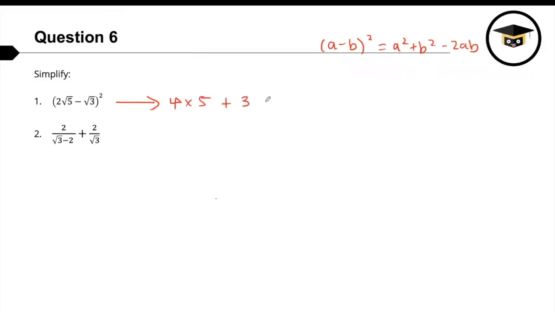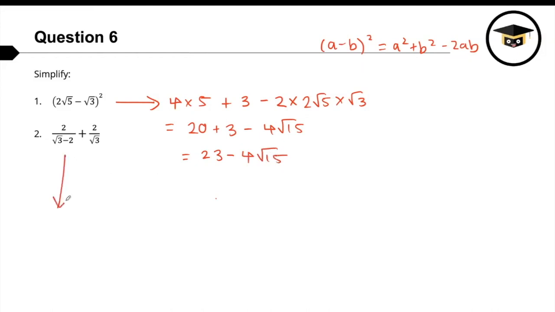So that's going to be 3. And then we're going to minus 2 times ab. So a is 2 root 5 and b is our root 3. So that means we're going to get 20 plus 3 minus 4 root 15. And that means we're going to end up with 23 minus 4 root 15.